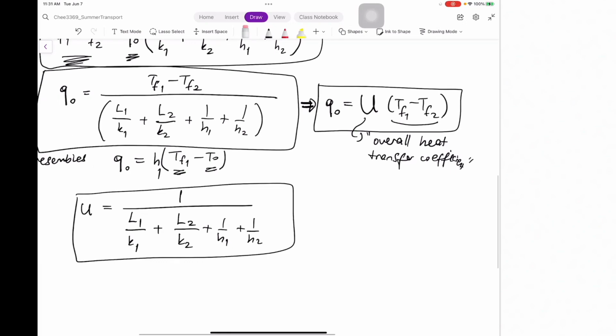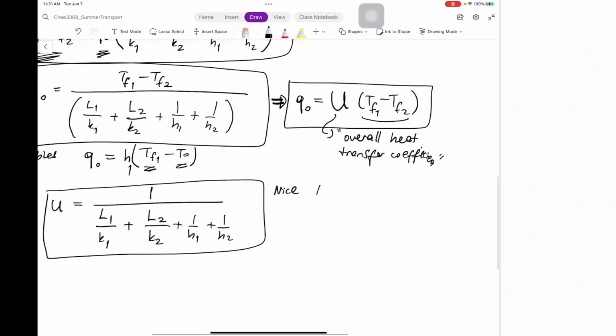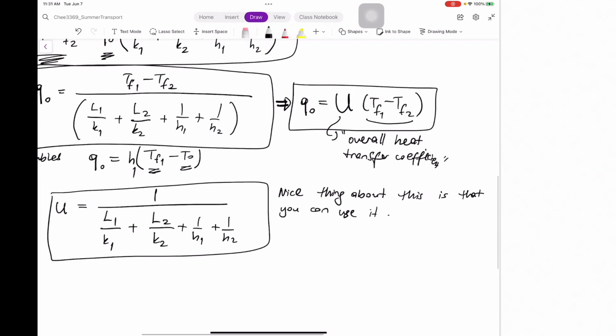Okay, so what is the nice thing about this equation? The nice thing about this is that you can use it easily for different number of layers.